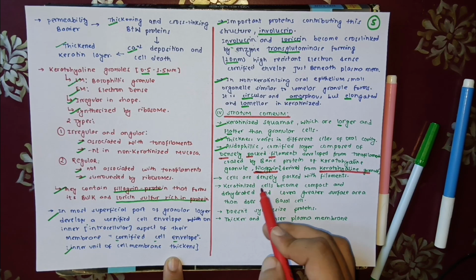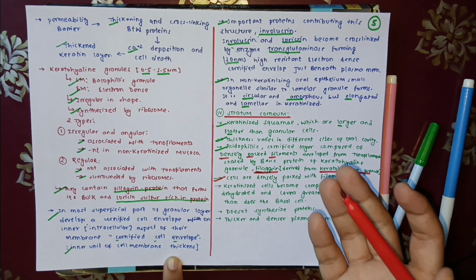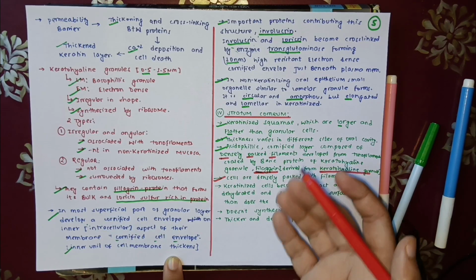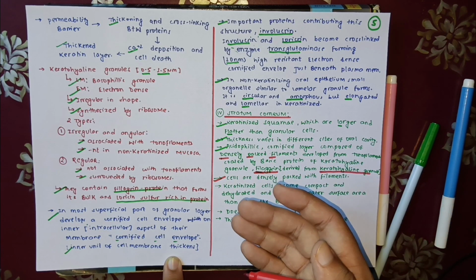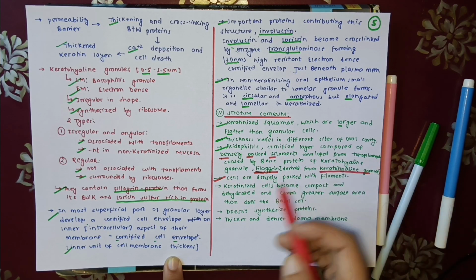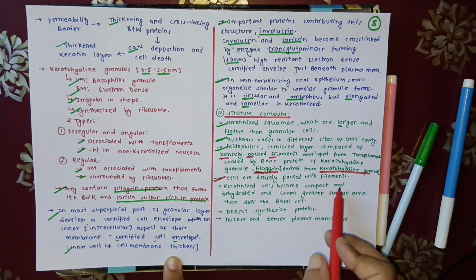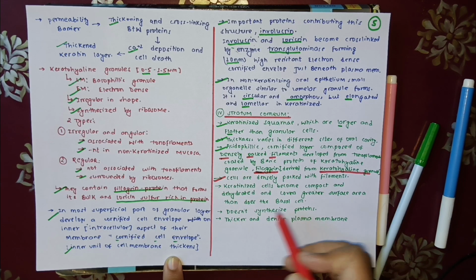After that, cells are densely packed with the filaments. As I have told previously, when you go outward from the stratum basale to the stratum corneum, filaments will increase in number. Keratinized cells become compact and dehydrated and cover a greater surface area than does the basal cell.